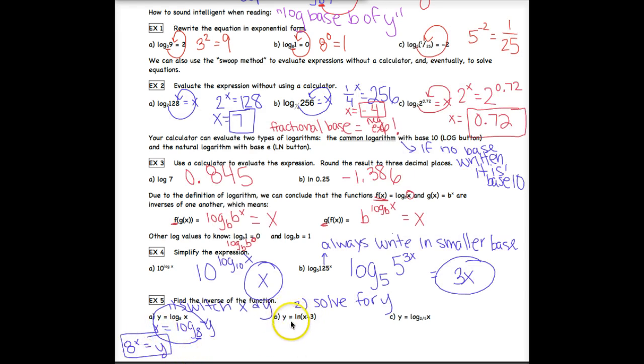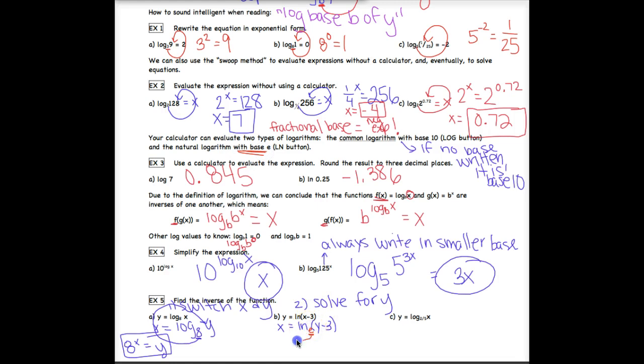Over here, switch x and y first. Now, when I go to swoop, I might get confused. There's no base here. Go back up here, the natural logarithm with base e. So even though it's not written, you have to know it's there.